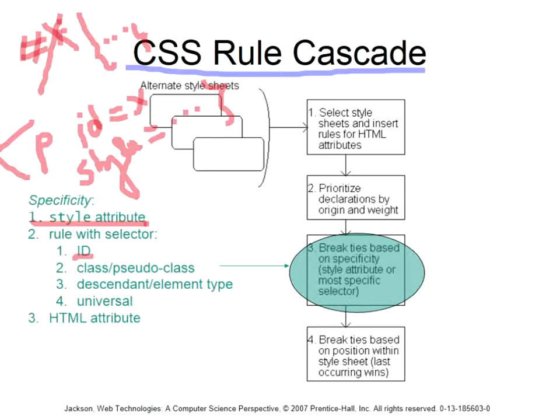After that we apply the ID in the second level. After that the class. After that the descendant element. After that universal, like star.